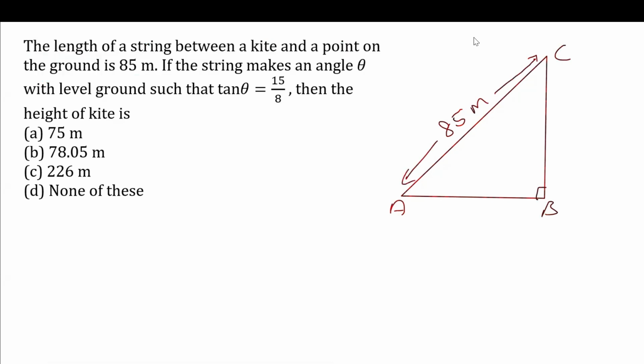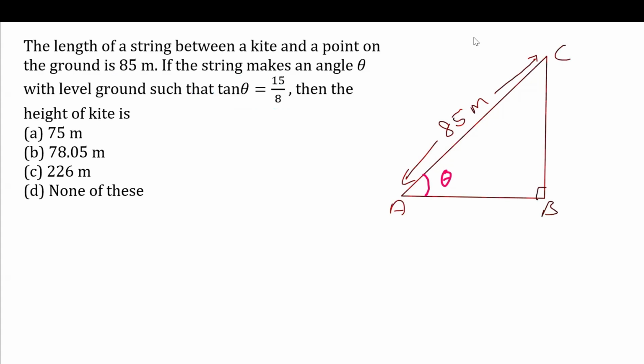If I read it further, it says that the string makes an angle of theta with the level ground, so this angle is theta over here, such that we are given tan theta as 15/8. What we have to find out is the height of the kite.